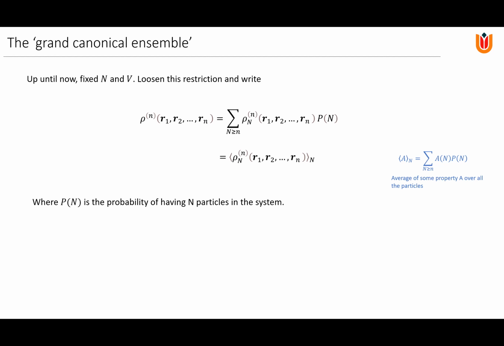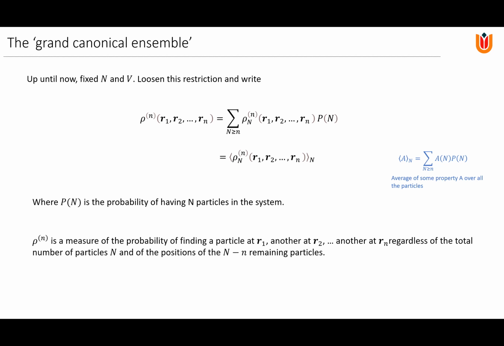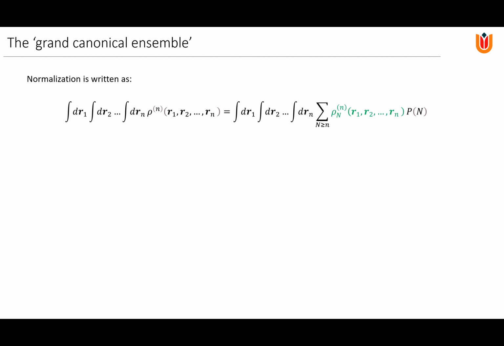This is the sum of some quantity over the probability distribution, so that means that we calculate an average, in this case the average of rho n. In general form, the average of some property A, averaged over all the particles, again taking into account that we can have any number N of particles. Same interpretation, but now with N undefined.